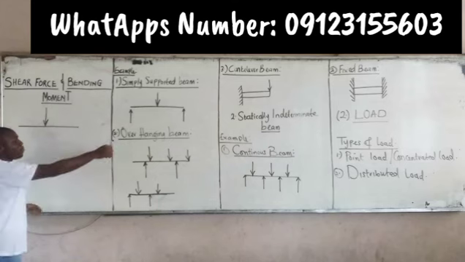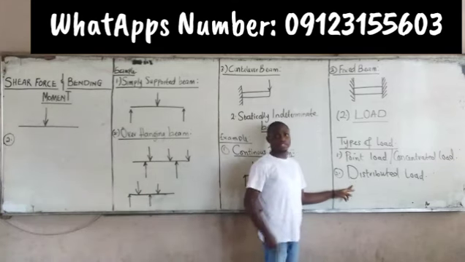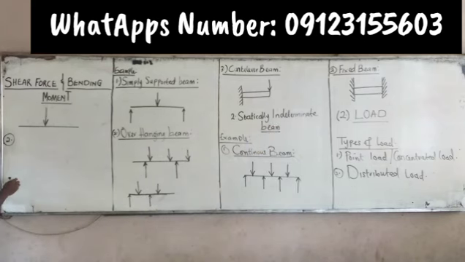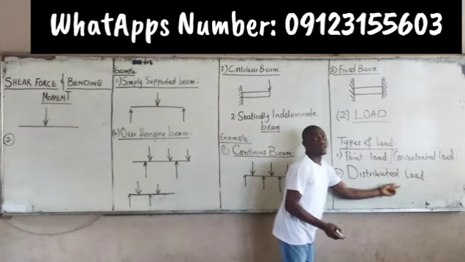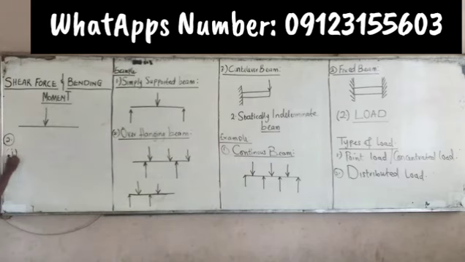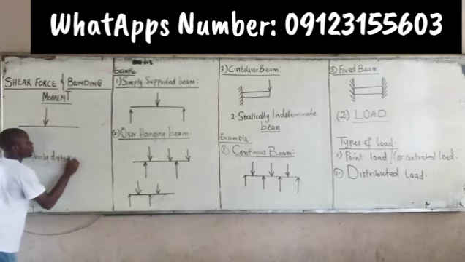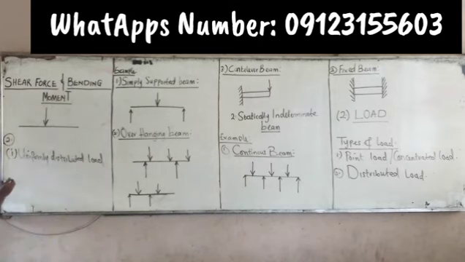When it comes to this one here, we have two cases. Distributed load is categorized into two. Number one is the uniformly distributed load, which is illustrated in this form.